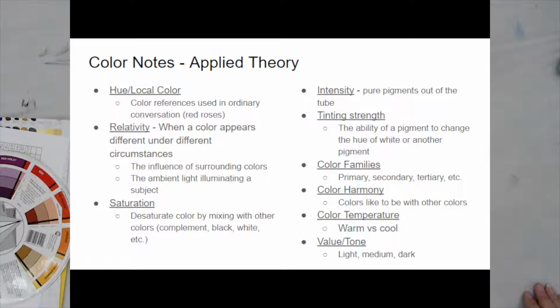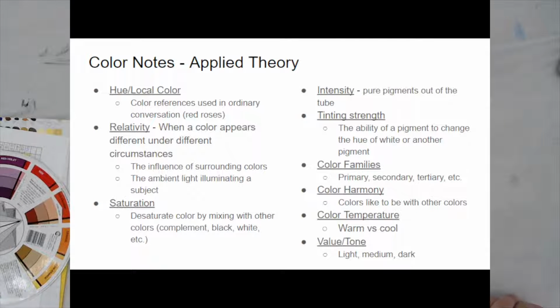You need very little red to change white, then you need a color like yellow ochre or even maybe burnt sienna. Tinting strength refers to how strong and how concentrated the pigment is.